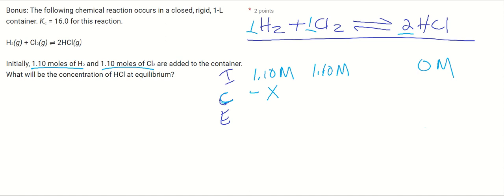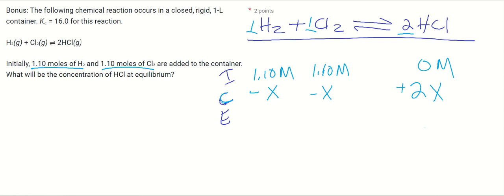So for every H2 that's used, a Cl2 is also being used, and 2 HCl molecules are being made. So there's going to be 2x, and I'll put a plus sign there to emphasize that that's being produced.